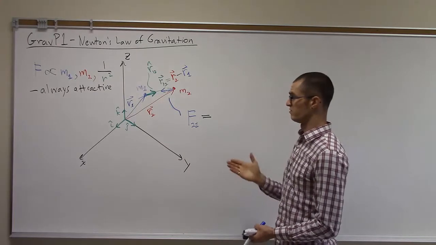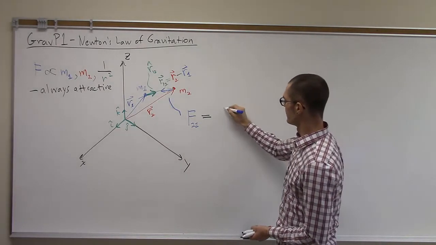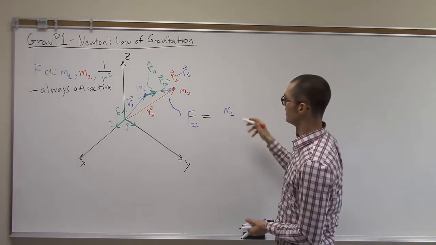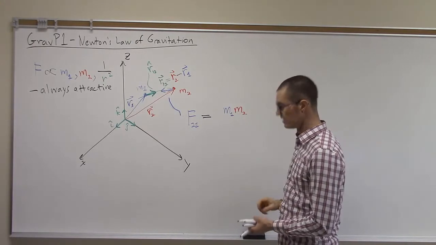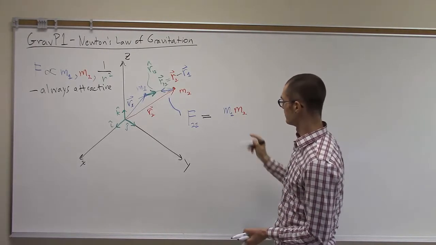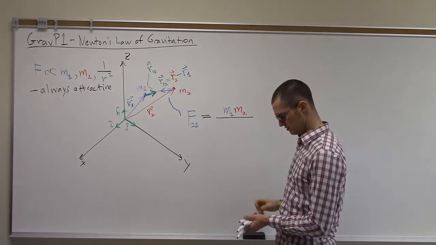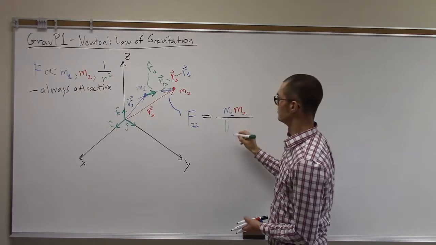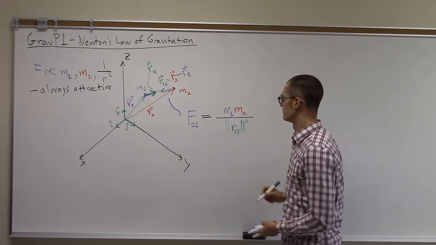Because it's proportional to M1 and M2, in the numerator we must have M1 and M2. It's inversely proportional to R squared, so in the denominator, I'll put the magnitude of R12 squared.